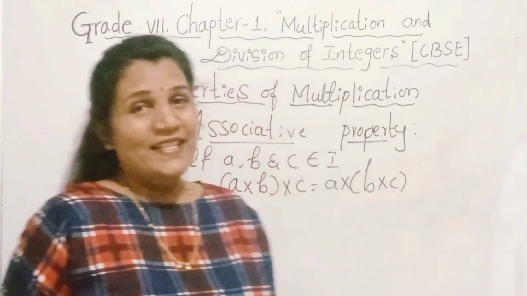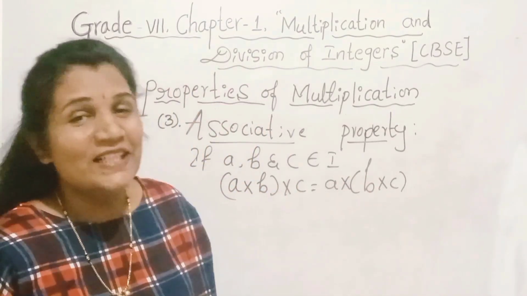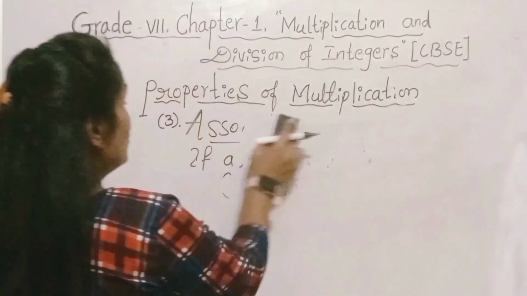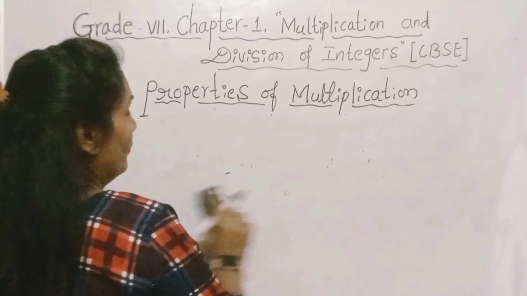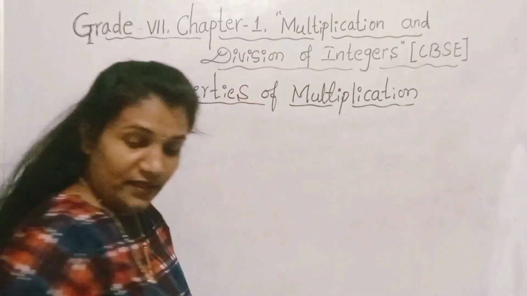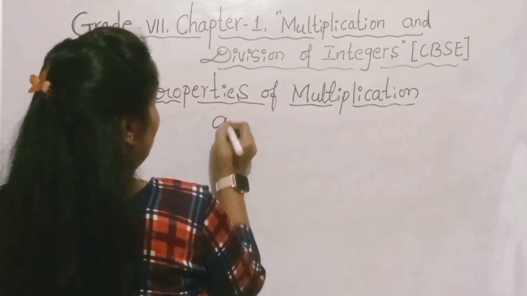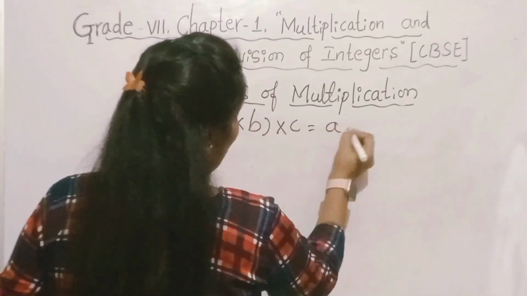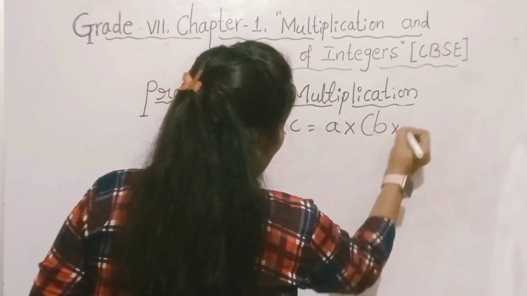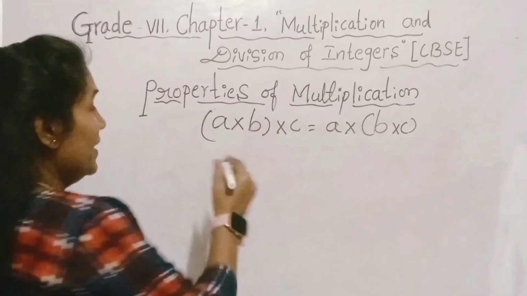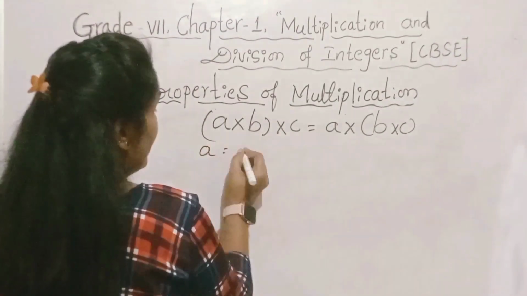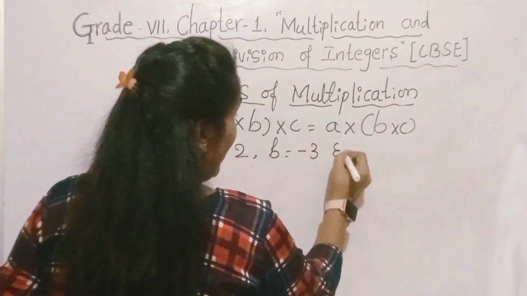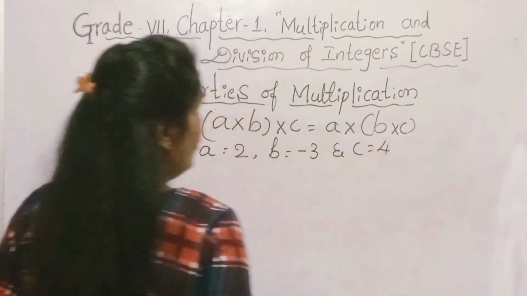We'll take one example on this property also. I need some space, so I am writing up here. The property: (a into b) into c is equal to a into (b into c). I am taking a as 2, b as -3 and c as 4.